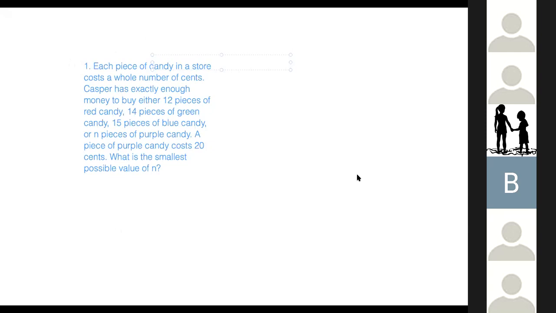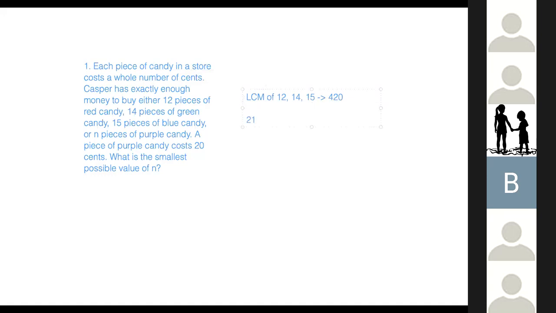Let's see, Ahana, can you explain how you got 21? Okay. So I had to find the least common multiple of 12, 14, and 15, which was 420. Then I did 420 divided by 20, which was 21.